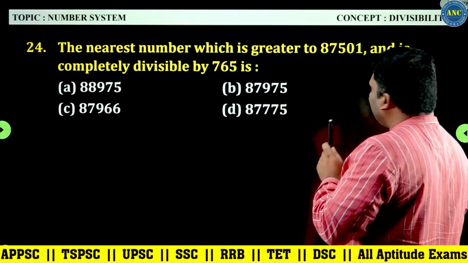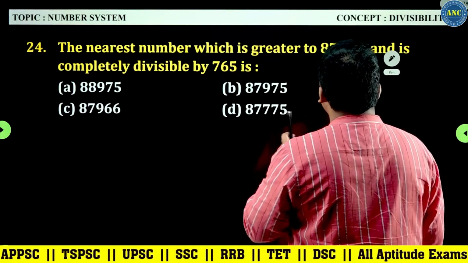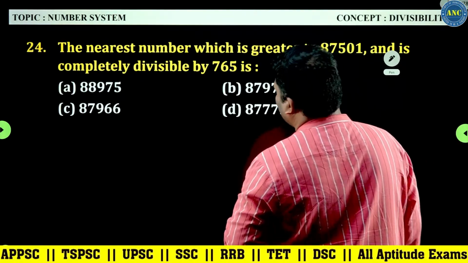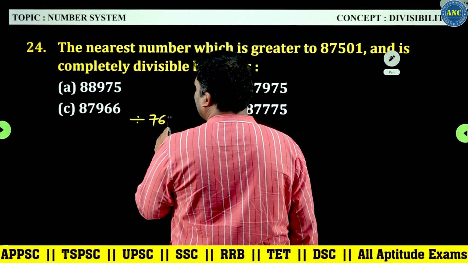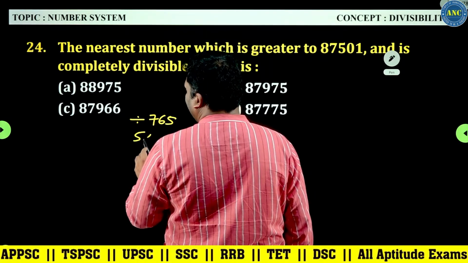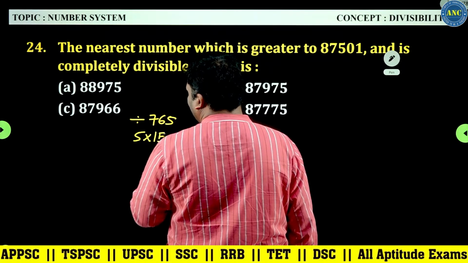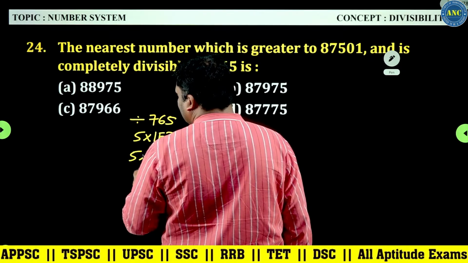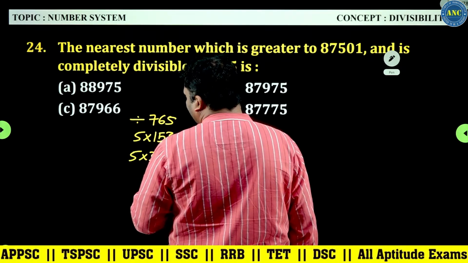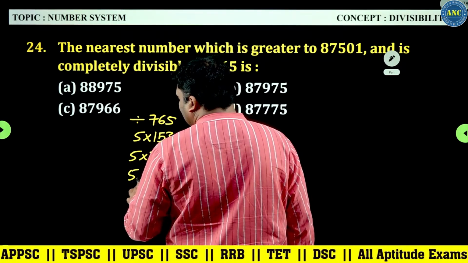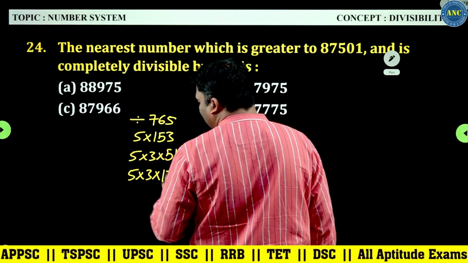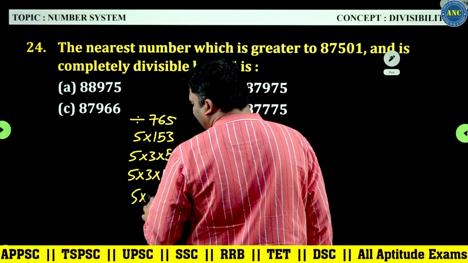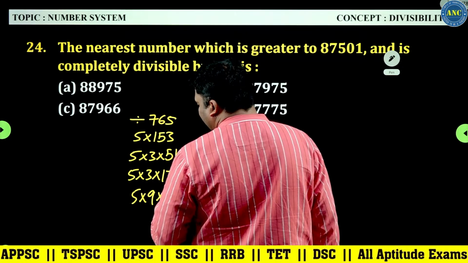The nearest number greater than 87,500 that is perfectly divisible by 765. 765 is 5 15s, which is 75. 5 3s are 15. It is 5 into 153. 153 is 17 into 9. So 765 is 5 into 9 into 17.